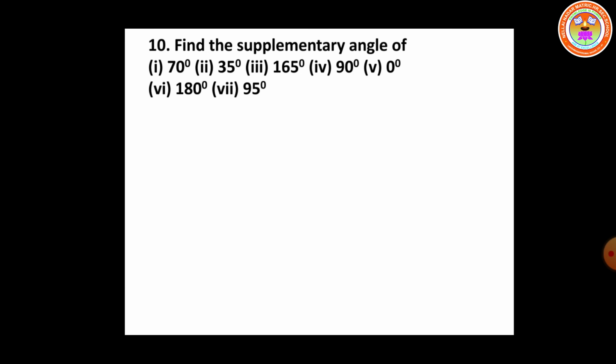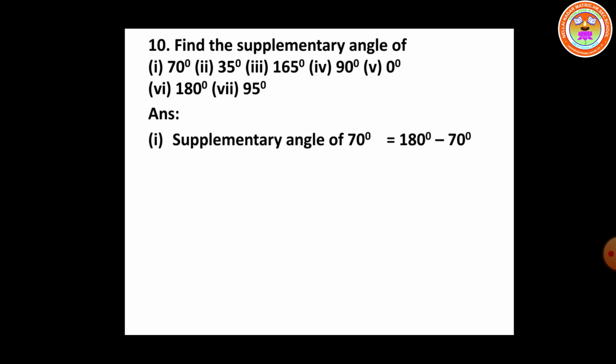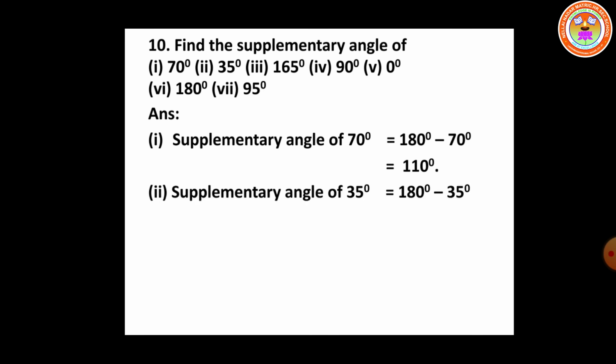By subtracting from 180 degree. Let us see the answer. Supplementary angle of 70 degree is equal to 180 degree minus 70 degree, that is equal to 110 degree. Second one, supplementary angle of 35 degree is 180 degree minus 35 degree. It gives 145 degree.